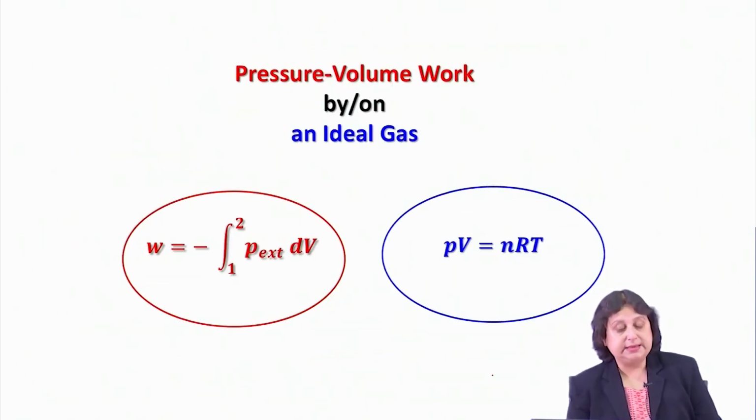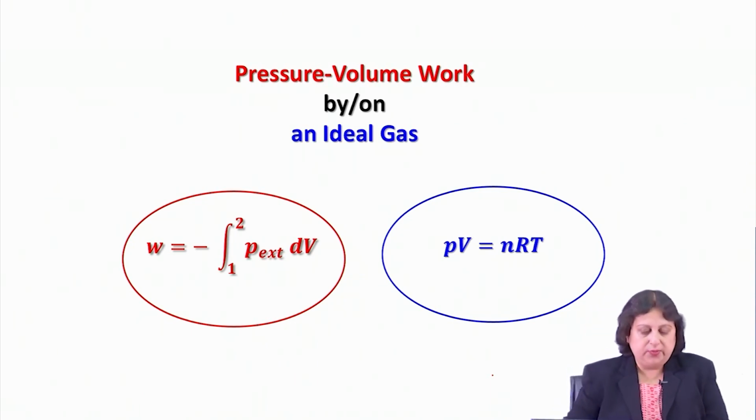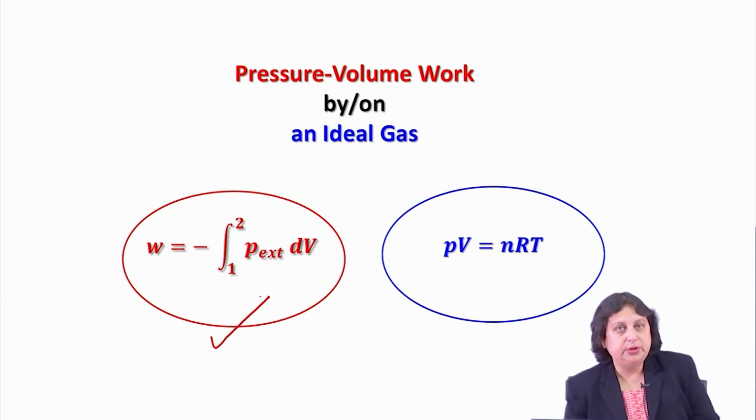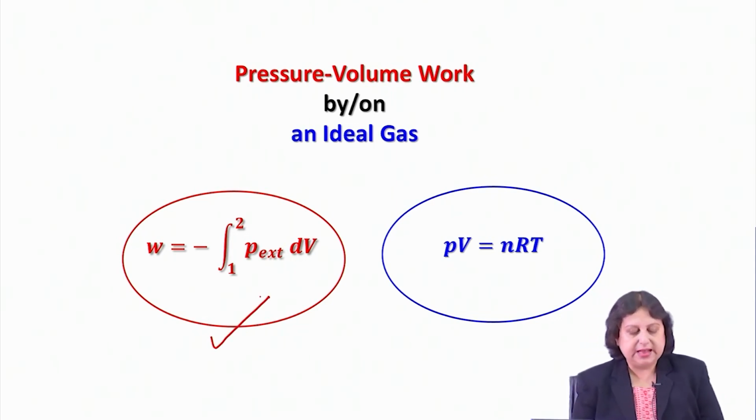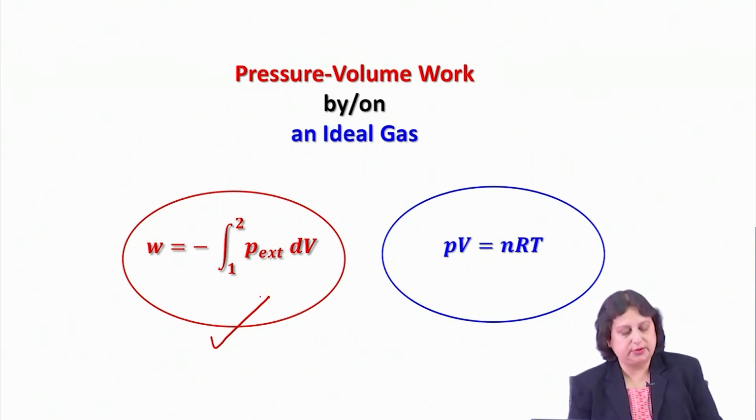Now, let us take this specific example of pressure volume work being done by or on an ideal gas. Once again, we will be using this definition that W is equal to minus P external into dV as I go from state 1 to state 2.